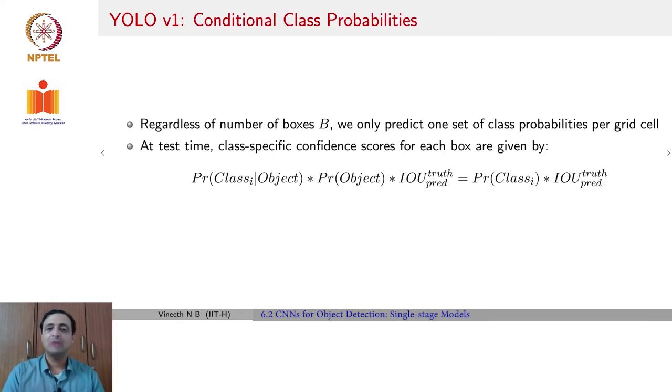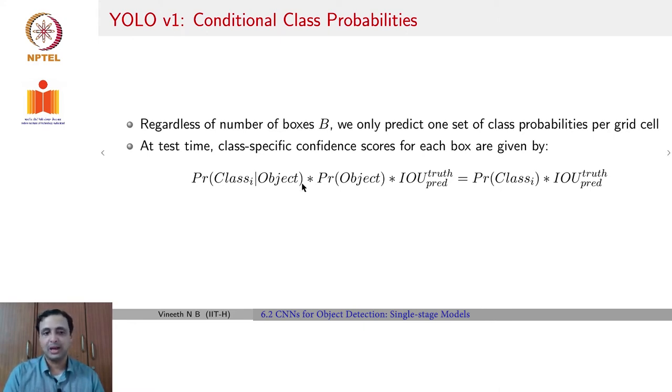And you have the conditional class probabilities for each class in each grid cell, regardless of the number of boxes B predicted by each grid cell. YOLO predicts only C class probabilities for one grid cell. So you could assume that those C class probabilities are these conditionals here given by probability of class i given an object.